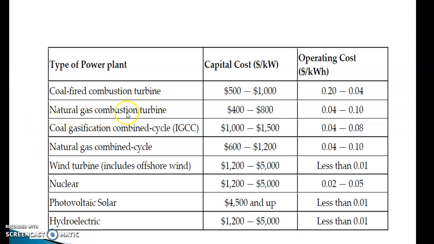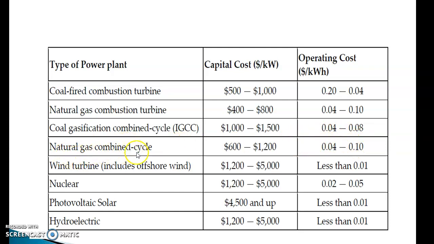Next, natural gas combustion turbines: 400 billion to 800 billion, operating cost 0.04 to 0.01. Next, coal gasification combined cycle, IGCC: 1000 billion to 1500 billion, operating cost 0.04 to 0.08.